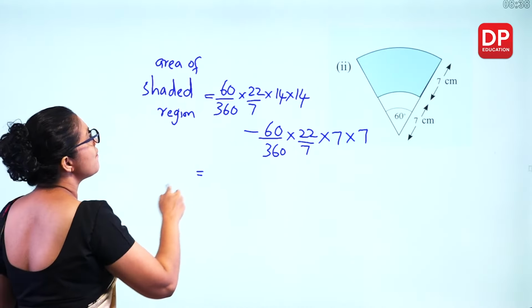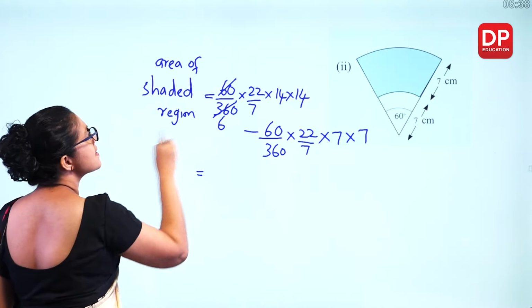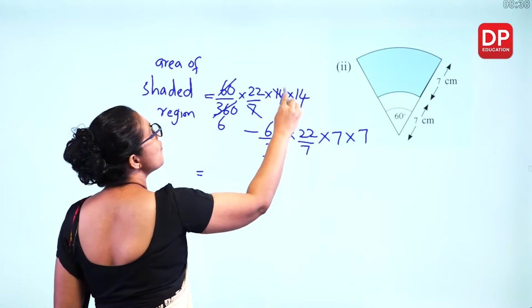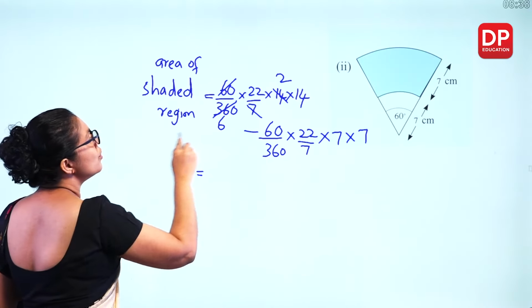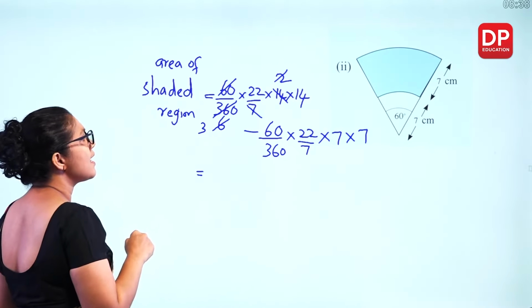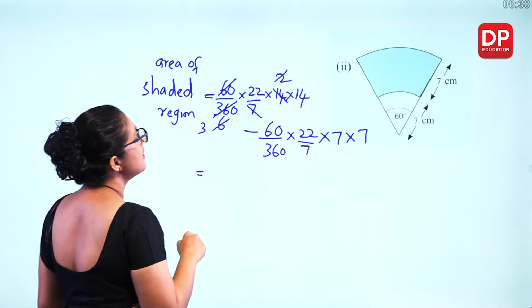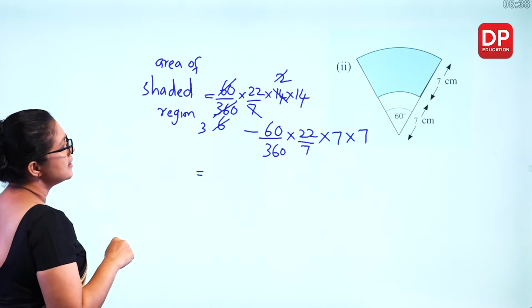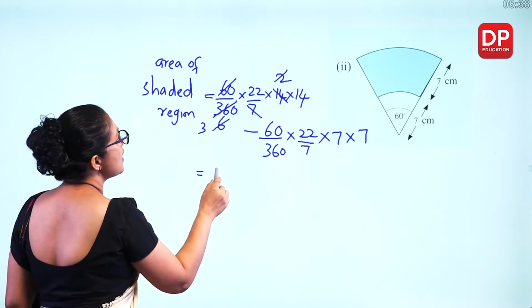So when you simplify, you get 60 times 6. 7 with 14, you get 2. 2 times 3, it gets cancelled out. And here, what else? You get 22 and 14 and 3 here.